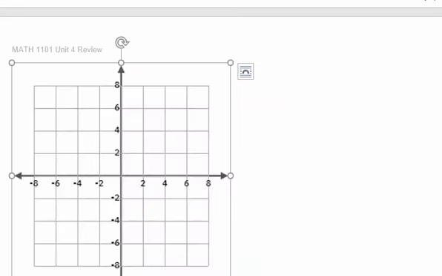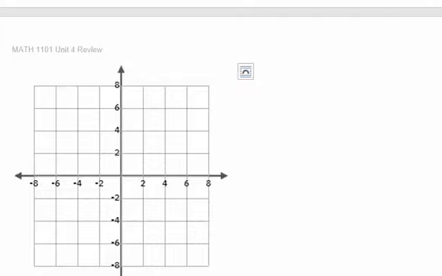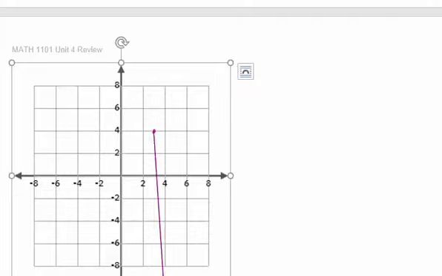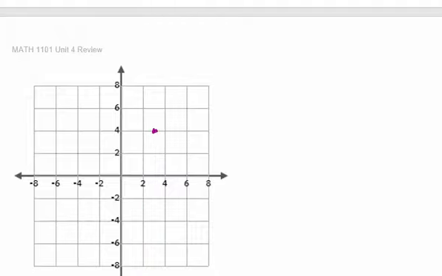We're then going to take all of this information and try to graph the quadratic. And so the vertex was at 3, 4. The axis of symmetry was at x equals 3. We didn't say where the y-intercept is, but in standard form it's easy to tell because it's just c.